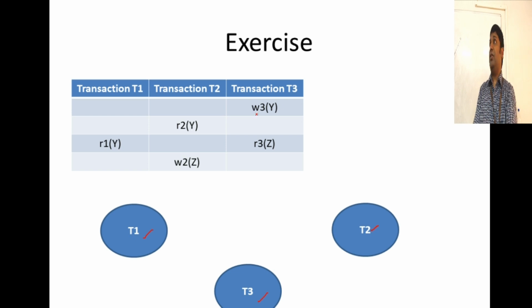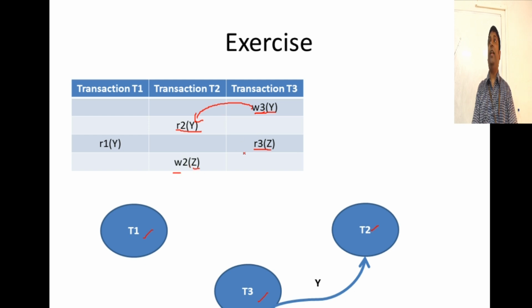T3 starts first. So there is a write of Y. Is there a conflict anywhere with T2? There's a read of Y. So there is a conflicting operation happening here, and T2 happens later on in time. So there should be an edge between T3 and T2. You agree? Say you have any conflicting operations of T3 with T2, so you have a read of Z, the same item Z is written here.